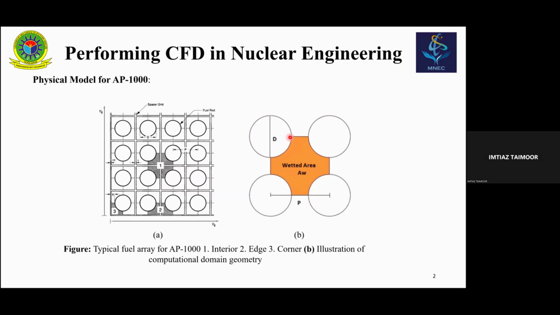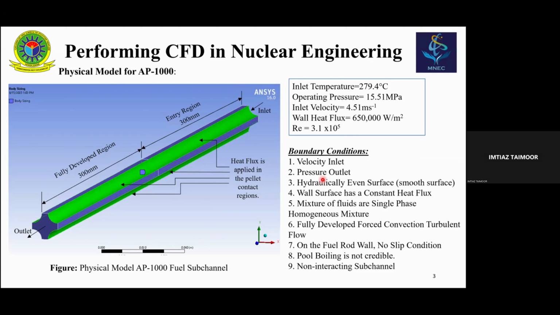If we consider that this wall is rough, then our calculation will be much more complicated, and we are not even interested in the smoothness of this surface. So we consider that this wall that is in contact with the fluid is smooth. This is a smooth wall. So this is also another assumption, the hydraulically even surface, or the smooth surface.